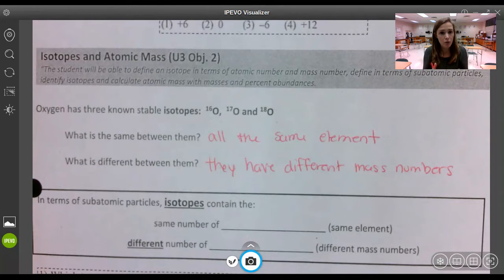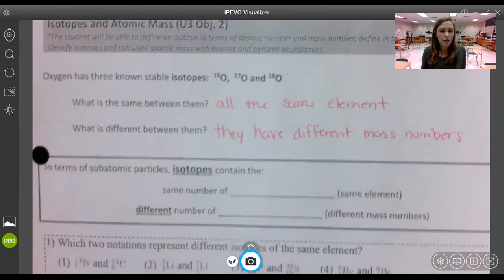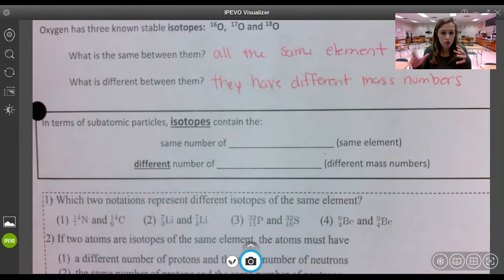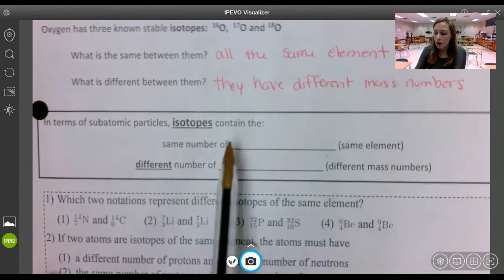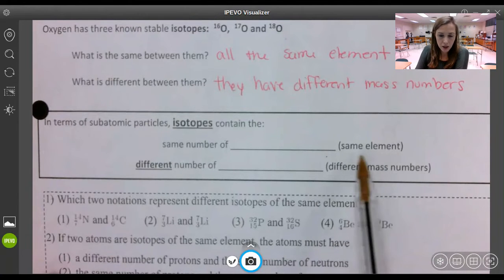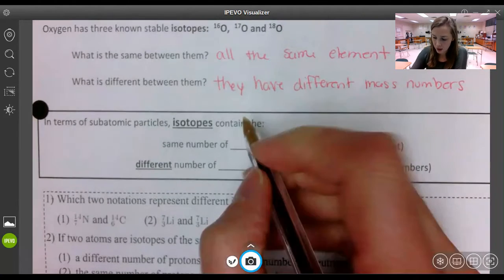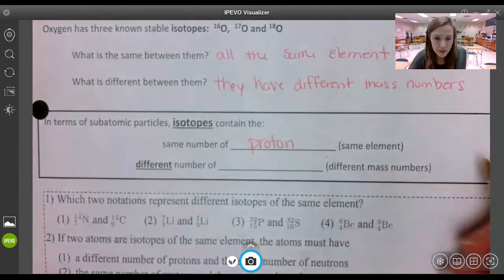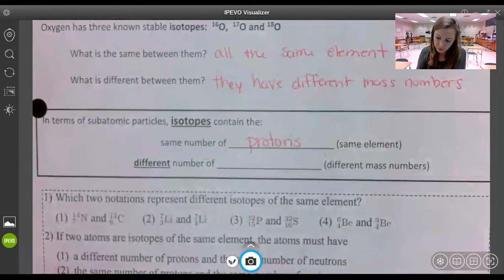A lot of the time, though, we're looking for their difference in terms of subatomic particles. What's the same, and what's different between the protons, neutrons, and electrons? In terms of the particles within an atom, if isotopes are the same element with the same atomic number, they have to have the same number of protons, because all oxygen atoms have 8 protons.